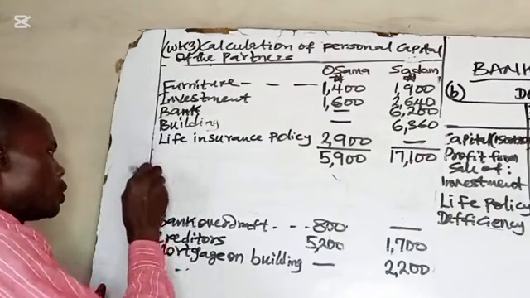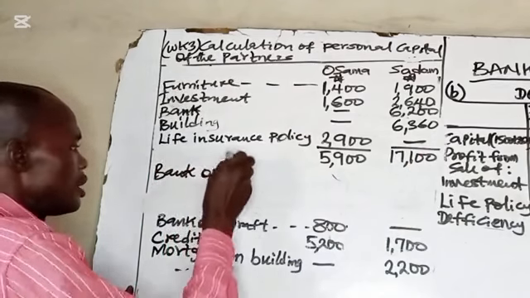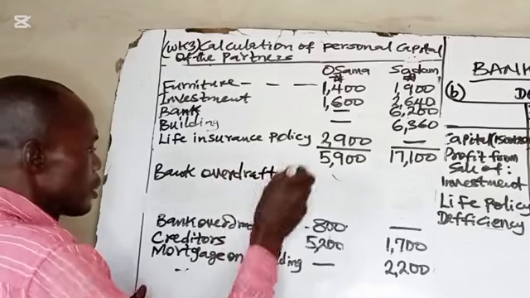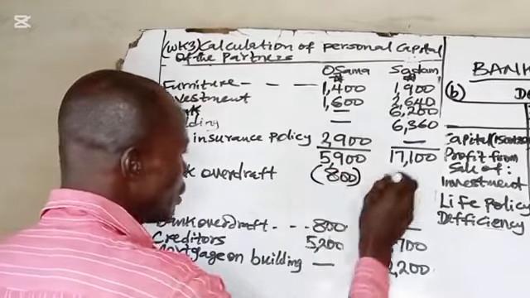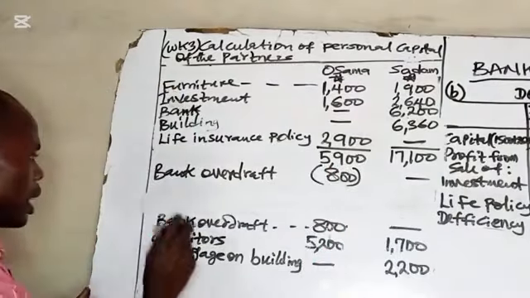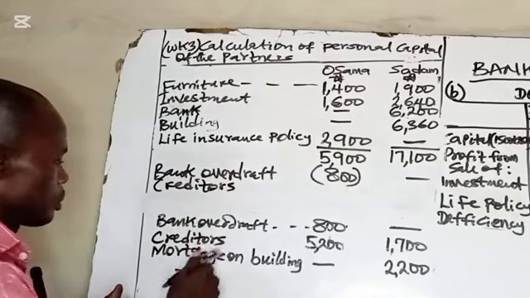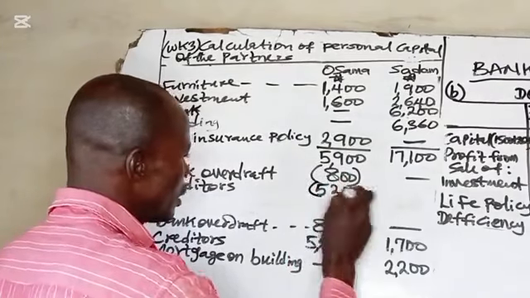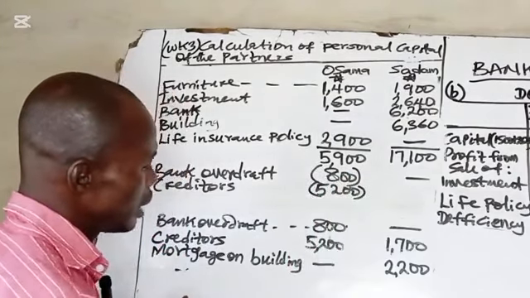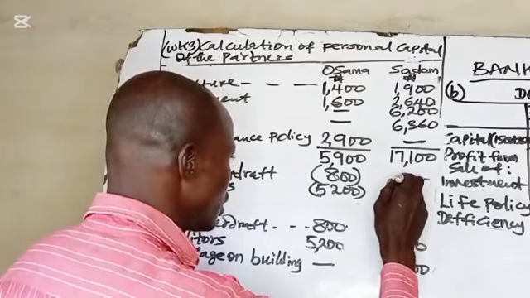Then you now deduct the liabilities. The liabilities include bank overdraft. That amounted to 800 for Osama, nil for Saddam. Creditors, 5,200 for Osama, for Saddam, 1,700.